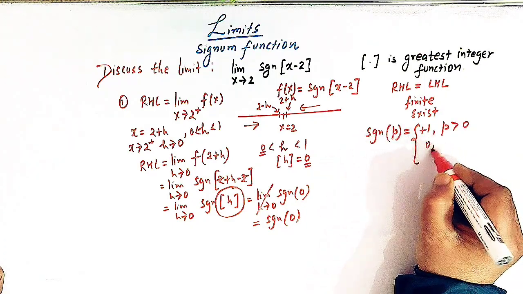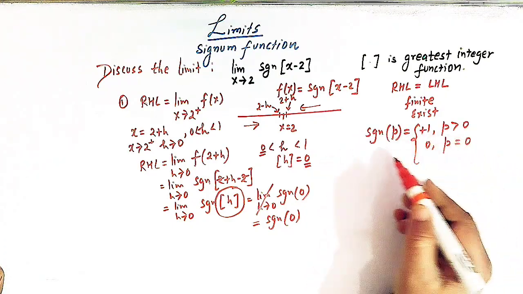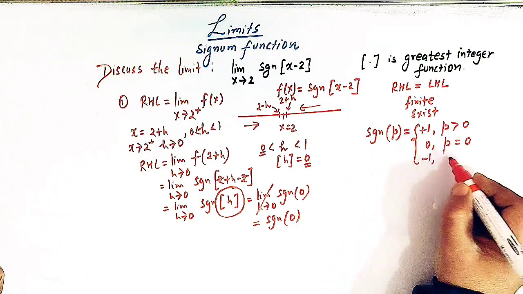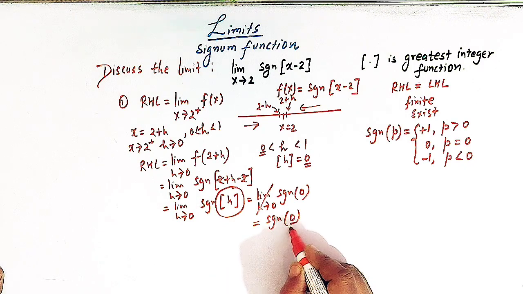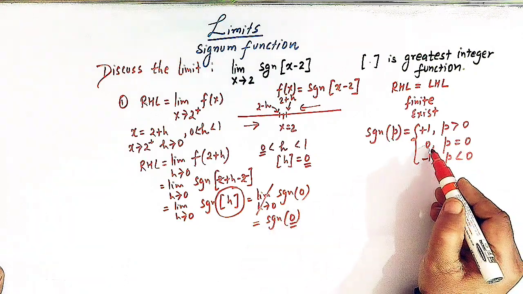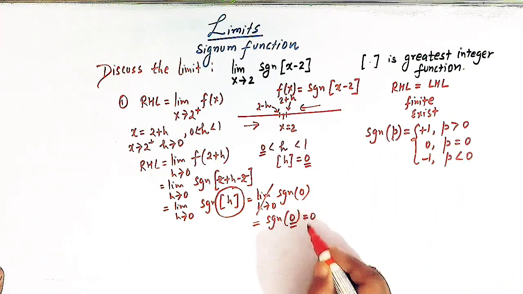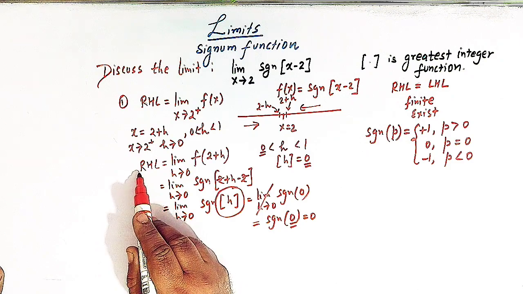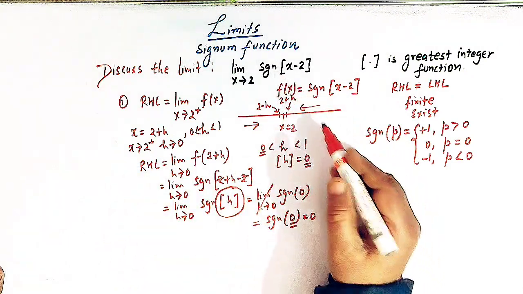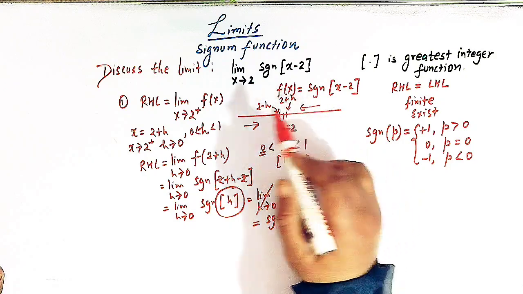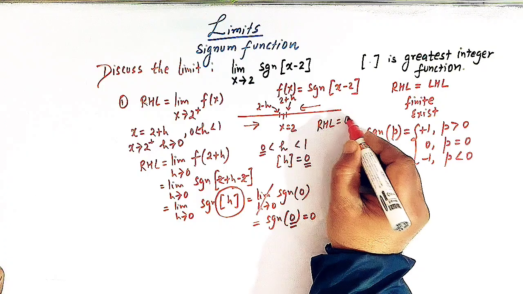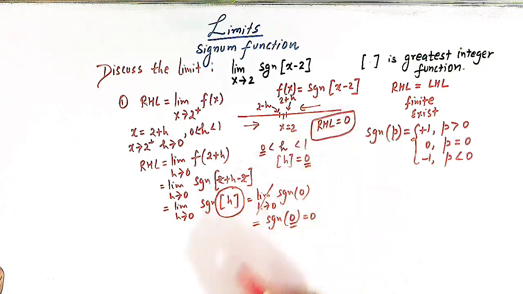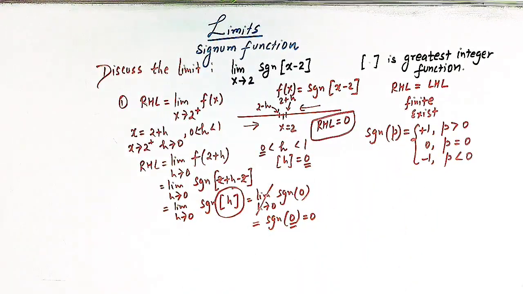Signum of p is 0 whenever p is equal to 0, and signum of p is minus 1 whenever p is less than 0, right? So here we see that the value of p is 0, so signum of 0 should be equal to 0, right? So the right hand limit of this function f of x when x approaches to 2 is given by 0, right? Now let us find out the left hand limit.